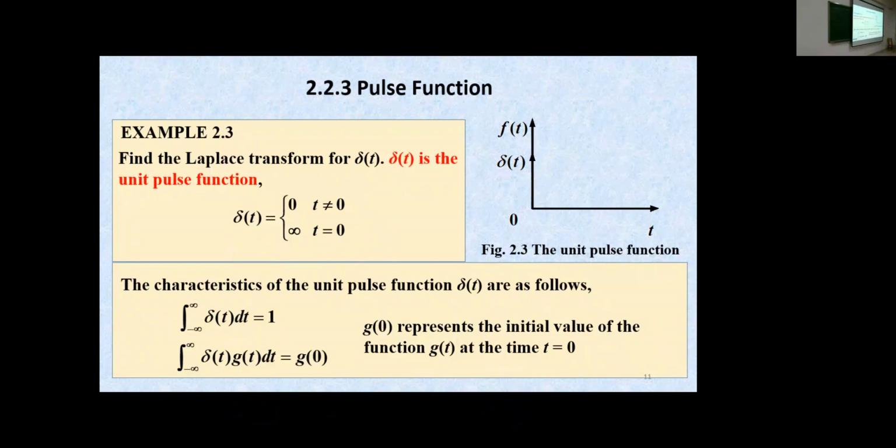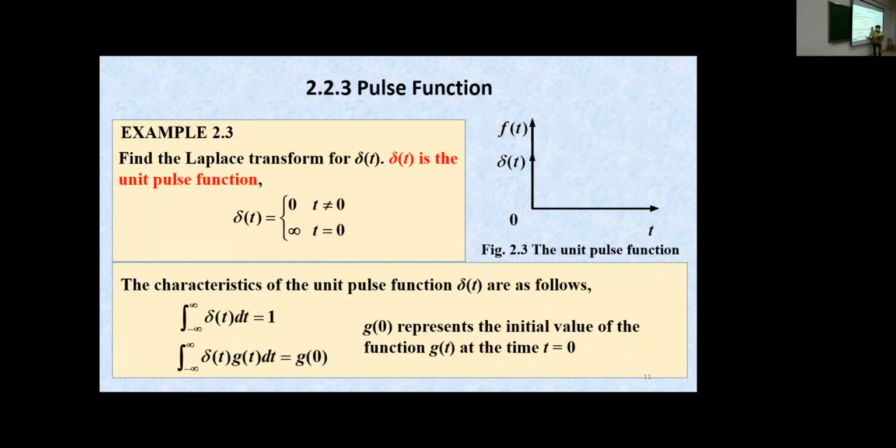And the characteristics of the unit pulse function are as follows. The first one is, you do the integration over the time domain from negative infinity to infinity. Consider the whole time domain. Integration of the pulse function in the time domain is 1. And a definition here: if we think about a function g(t), we let the pulse function times g(t) and do the integration in the time domain from negative infinity to infinity.